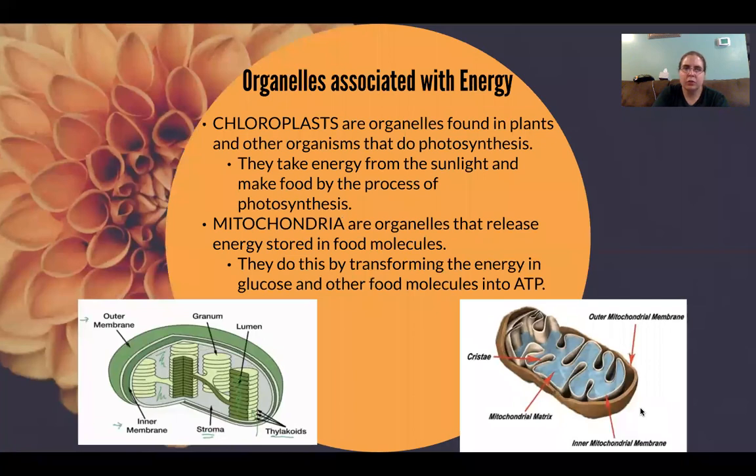So organelles associated with energy. First we have chloroplasts. Now we see these in organisms that do what's called photosynthesis. So plants and certain other organisms will have these. Animals do not.